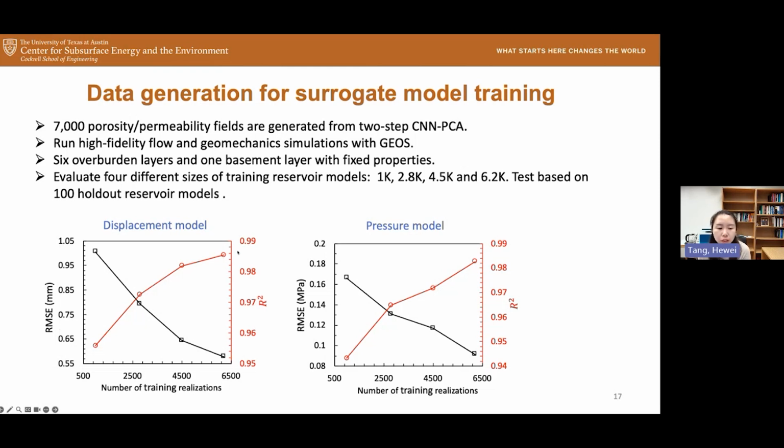With 6,000 training data, we can achieve an R-square larger than 0.985 for this displacement model. As well, we need this much training data, like 6,000, to achieve a good accuracy for this pressure model.